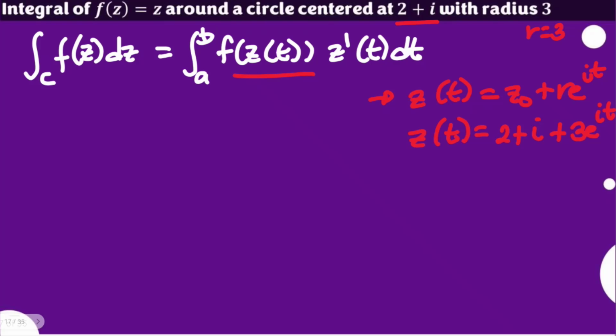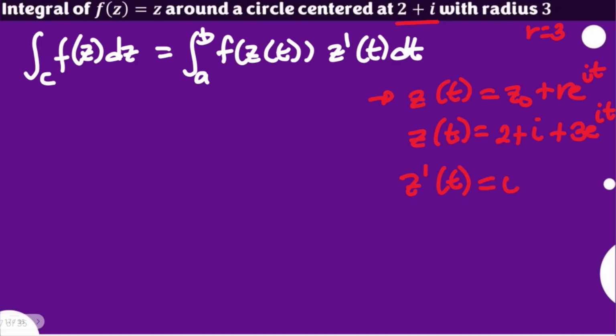Now, with that idea, we can show the z prime of t, the derivative with respect to t. All the rest of the terms without t will be treated as constants.